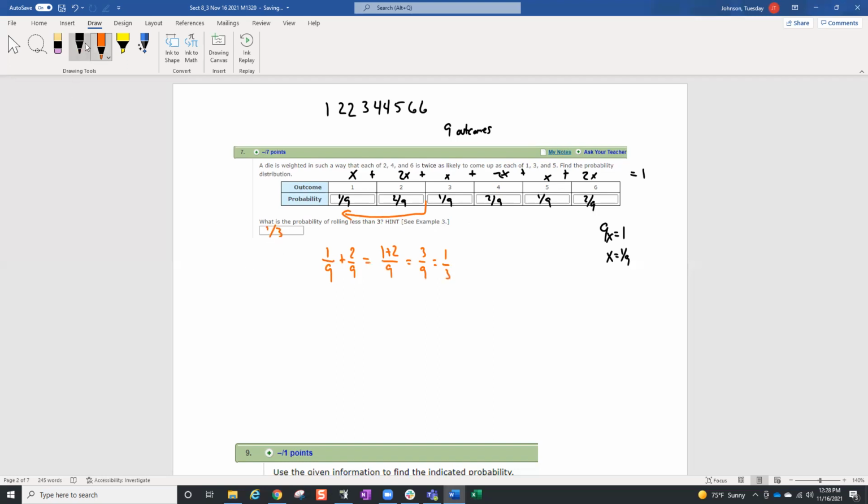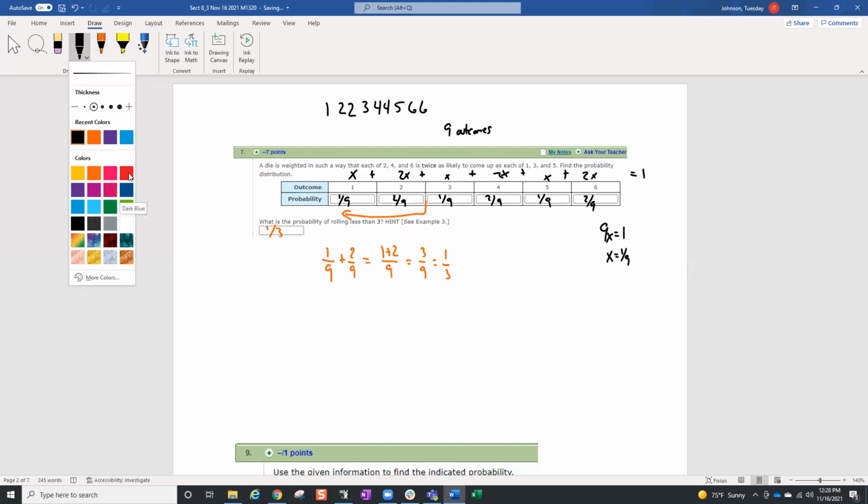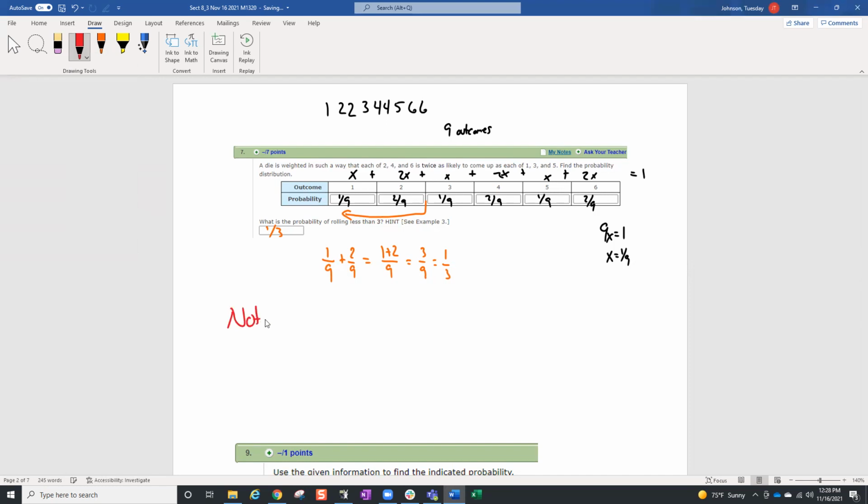Keep in mind, I'm going to make this in red. One-third is the answer, not 0.33.